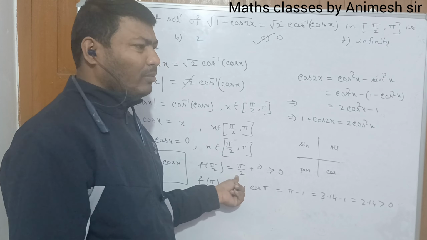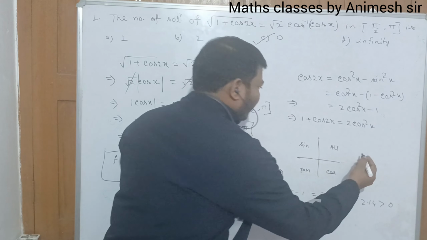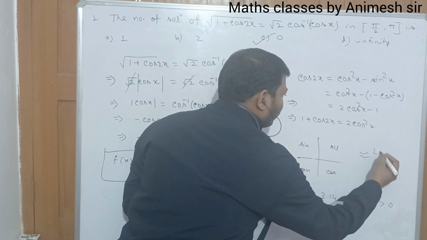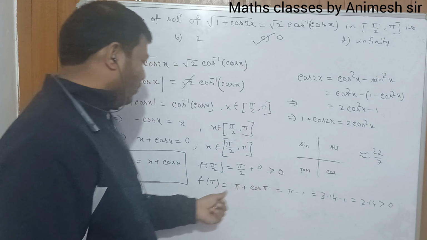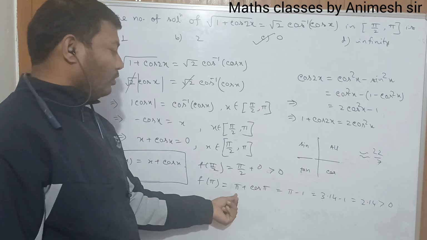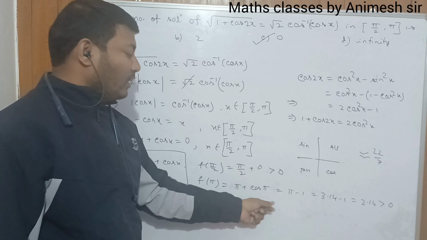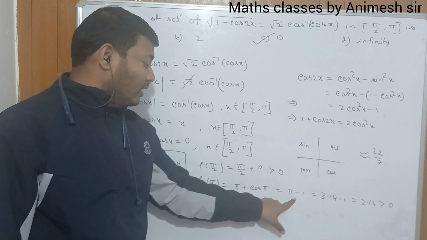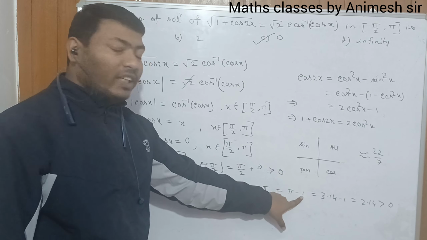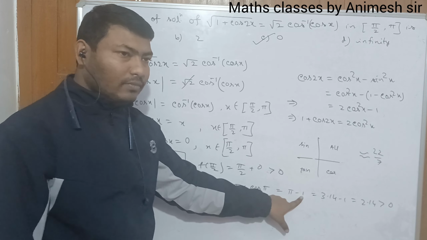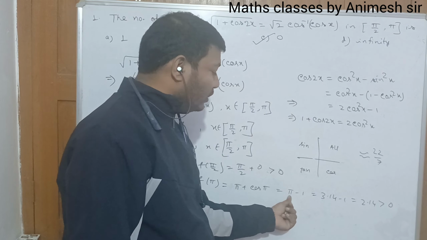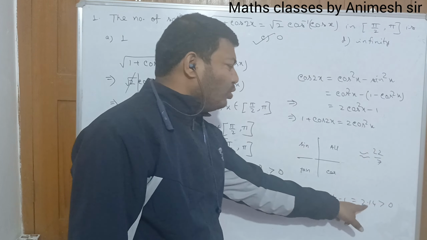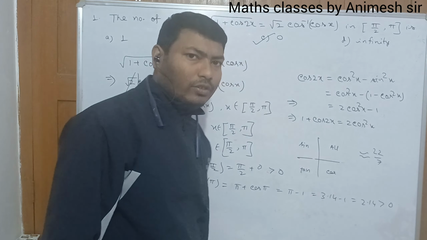So this will give pi by 2, which is greater than 0. Pi is approximately 22 by 7, that is 3.14, which is greater than 0. And f of pi is pi plus cos pi. Now cos pi equals minus 1, since in the second quadrant cos is negative, so this will be pi minus 1, that is 2.14, which is greater than 0 also.